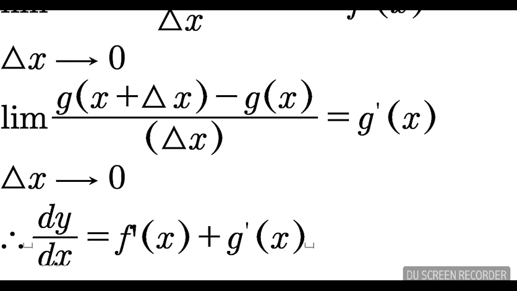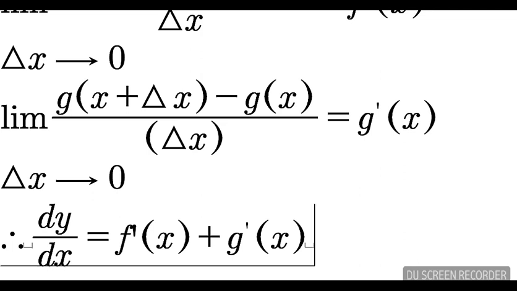So what we have managed to achieve here is that, given two differentiable functions, y equals f of x plus or minus g of x. In this case, we dealt with the positive sign, which is y equals f of x plus g of x, so that dy dx is equal to f prime of x plus g prime of x.